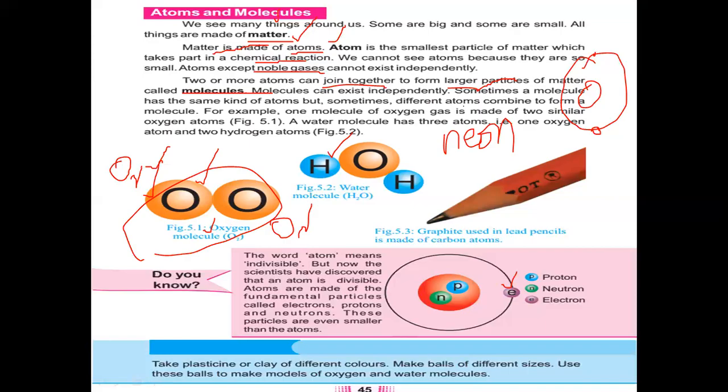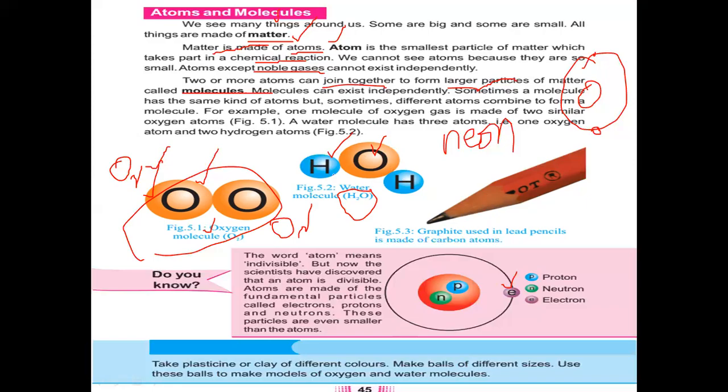Sometimes different atoms combine, like here we can see that is water. The formula of water is H2O. Here we have one oxygen, because the oxygen atom is bigger, and two hydrogen atoms, which are quite smaller than oxygen.